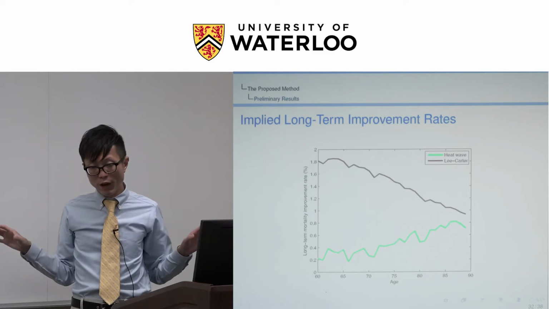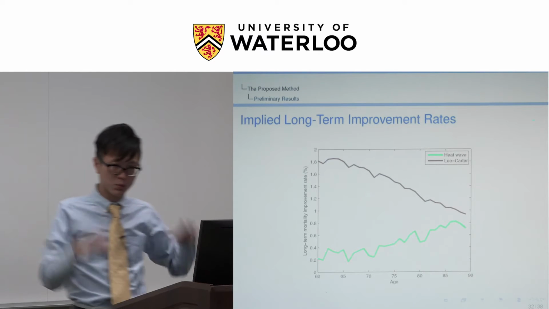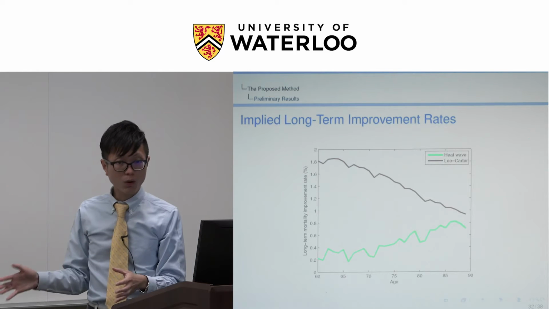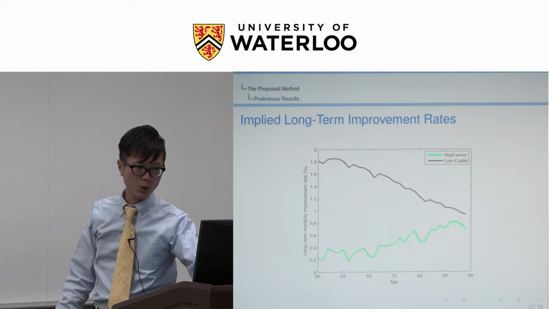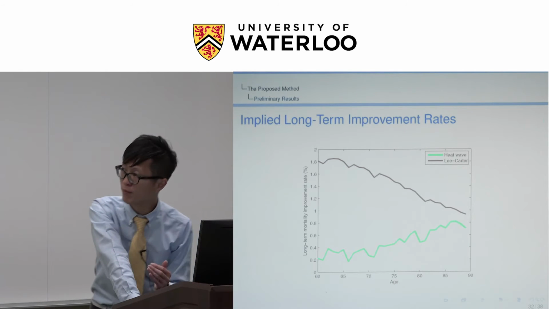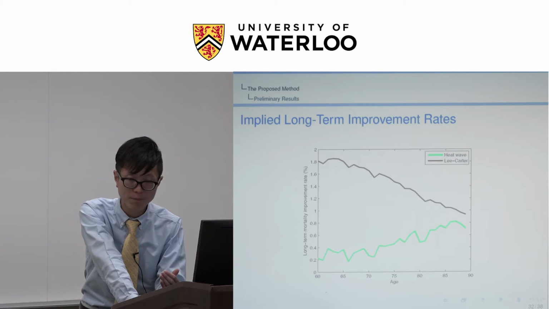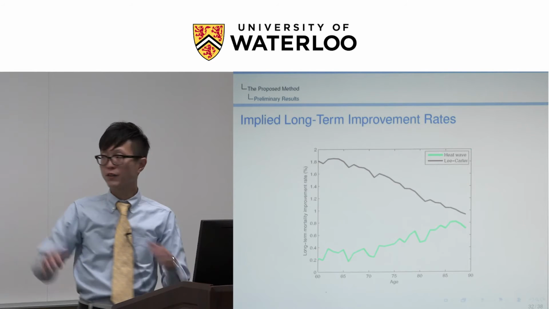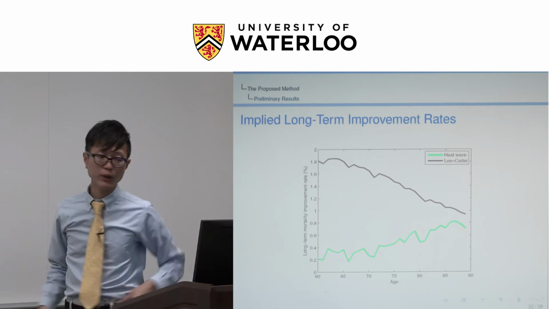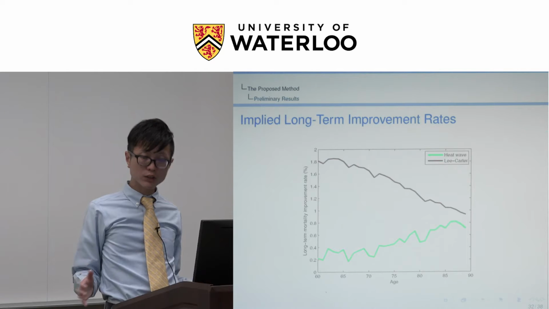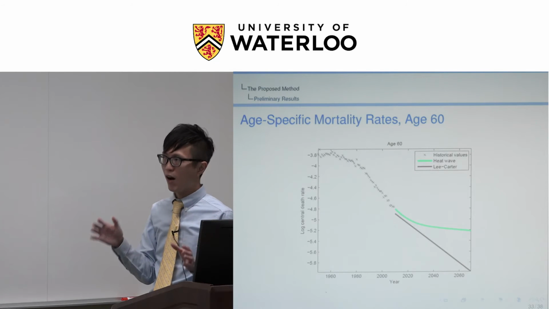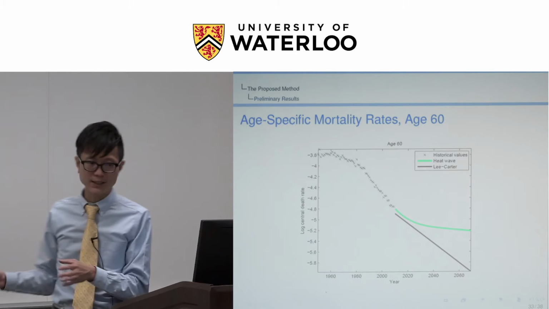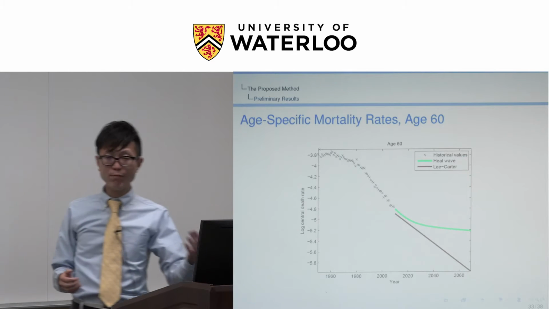Well, in the heat wave model, we distinguish between short-term and long-term improvement rates, and according to the estimation results, the long-term improvement rates implied by the heat wave model are significantly lower compared to those generated from the original Lee-Carter model.